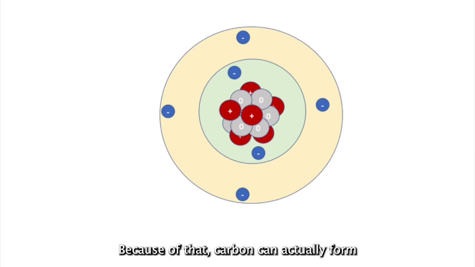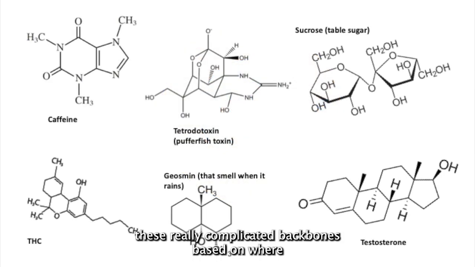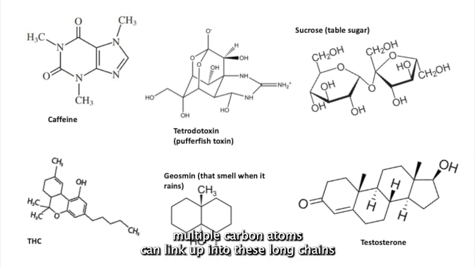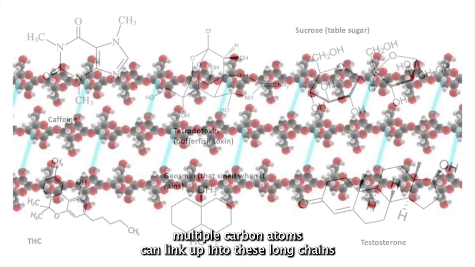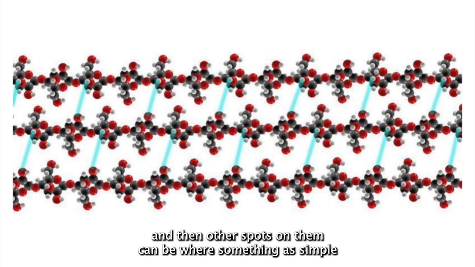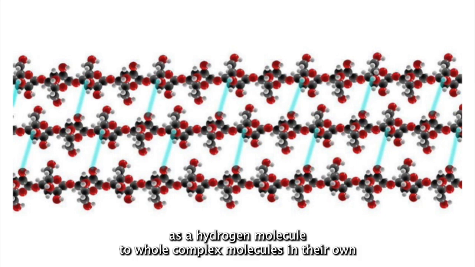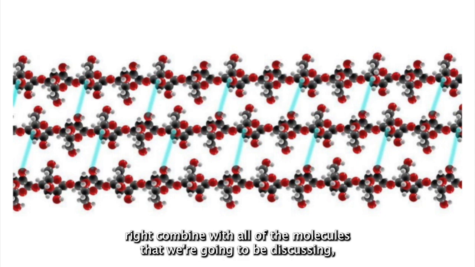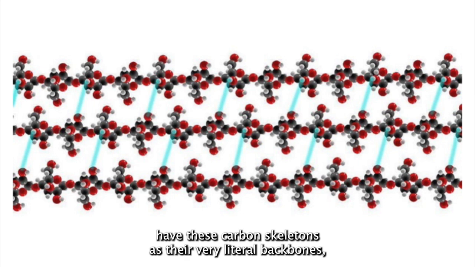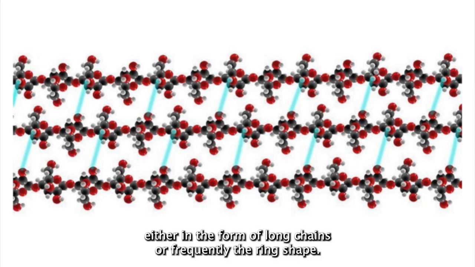Because of that, carbon can form these really complicated backbones, where multiple carbon atoms can link up into long chains, and then other spots on them can be where something as simple as a hydrogen atom to whole complex molecules in their own right can bind. All of the molecules that we're going to be discussing have these carbon skeletons as their very literal backbones, either in the form of long chains or frequently the ring shape.